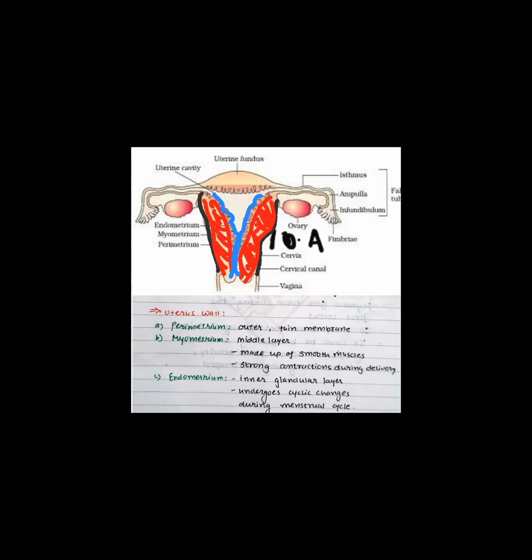As I mentioned, every 28 days in a female, a cycle is going on inside the body, in which after every 28 days, the endometrial part of this uterine wall is sloughed off, discarded. That process is called menstruation. It lasts for 3 to 5 days.